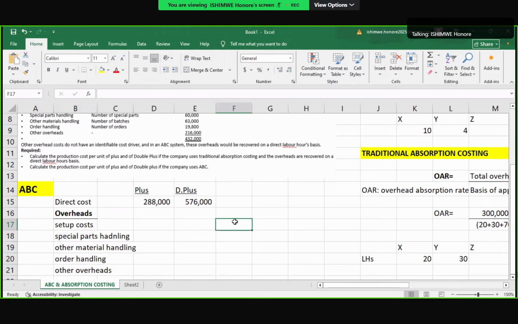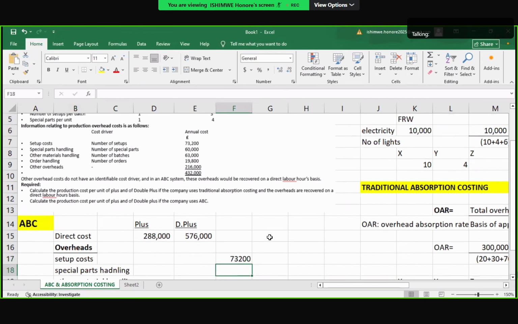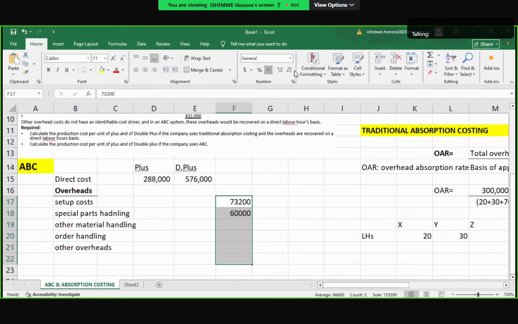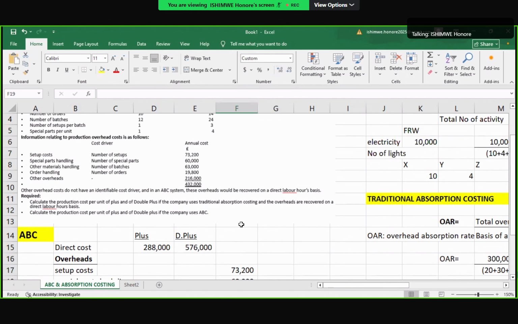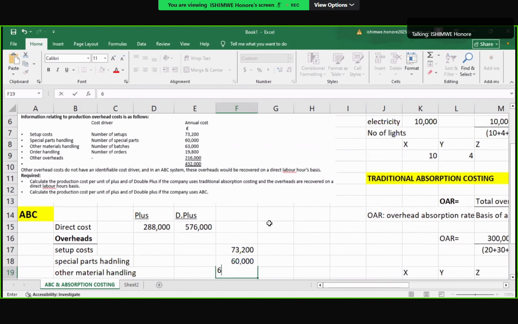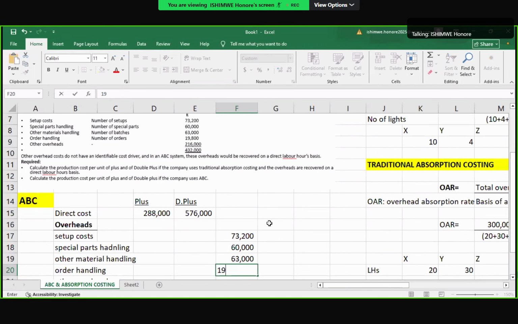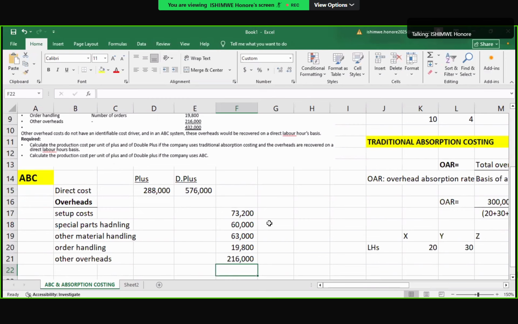The total setup cost given here is 73,200, and here it is $60,000, and here it is 63,000, and here it is 19,800. Here 216,000.